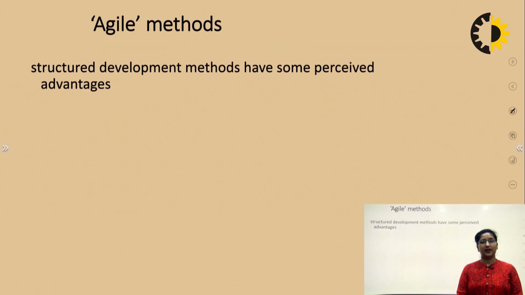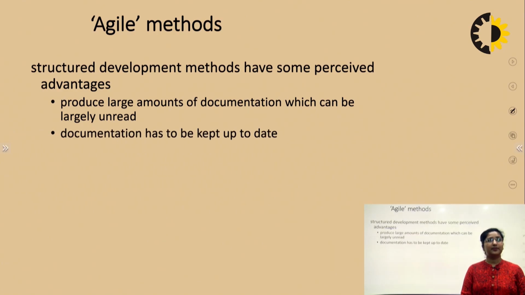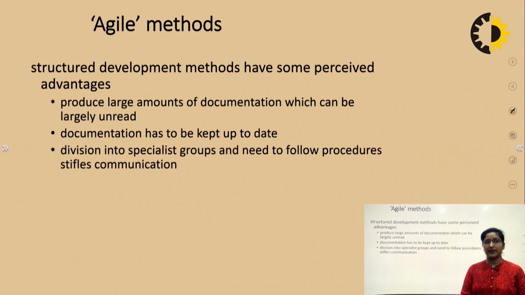Now, the next thing is agile methods. Structured development methods have some perceived disadvantages, like they produce a large amount of documentation which can be largely unread, and we have to keep the documentation up to date as well.